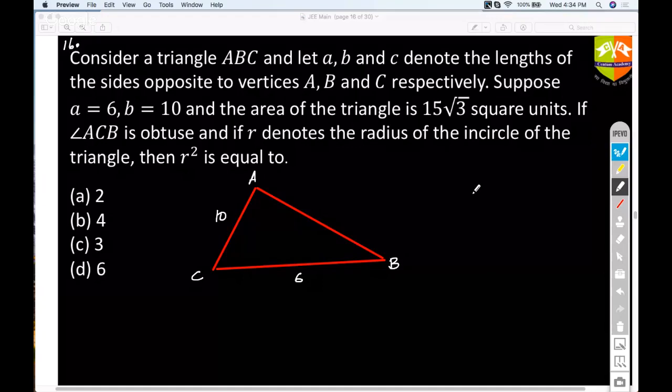So this triangle is not drawn to scale. Remember, this C is an obtuse angle.